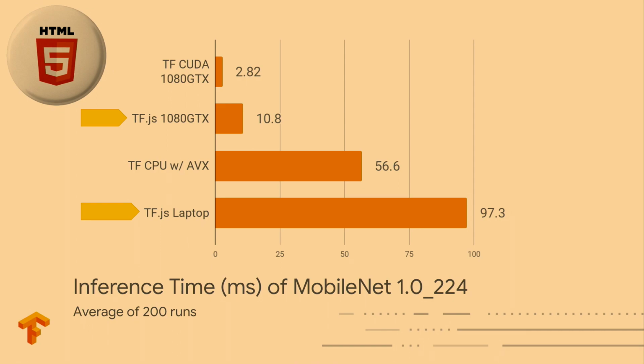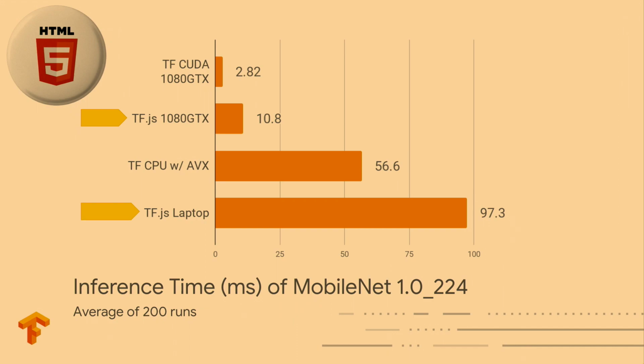We can see this is only a few times slower. On GPU we have 5 times slower, and with CPU maybe twice slower. This is inside the browser.